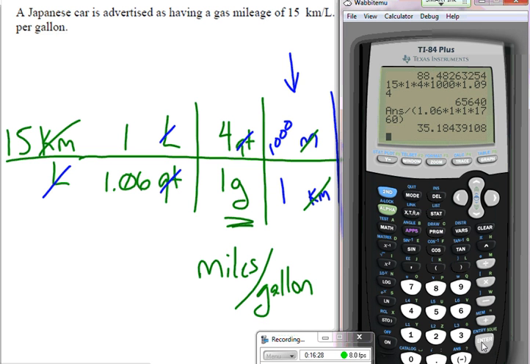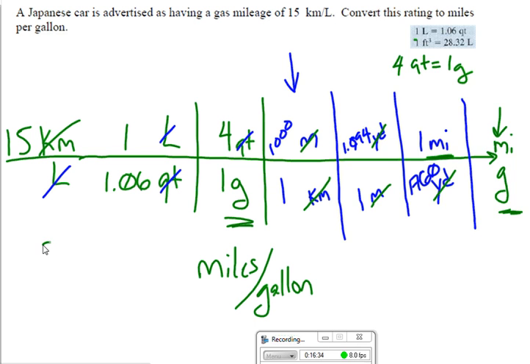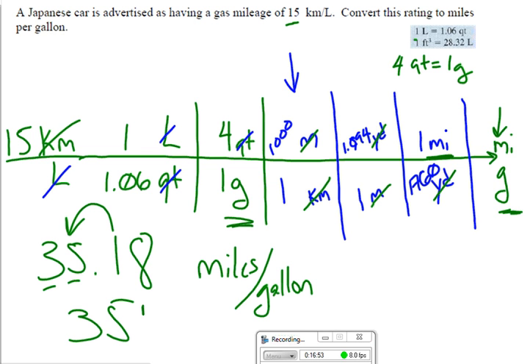Close my parentheses, and I get 35.18 miles per gallon. Fifteen is 2 significant digits. 35.18, that's 4. This 8 does not push up that 2. We look at just the 1. The 1 does not push up the 5, so it's 35 mpg.